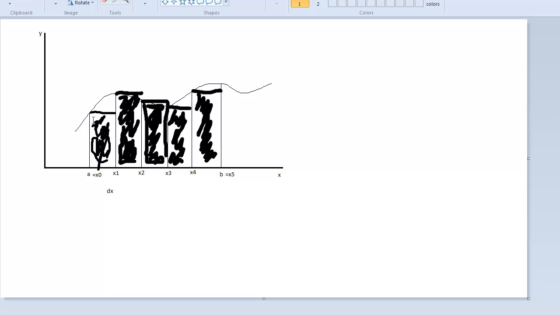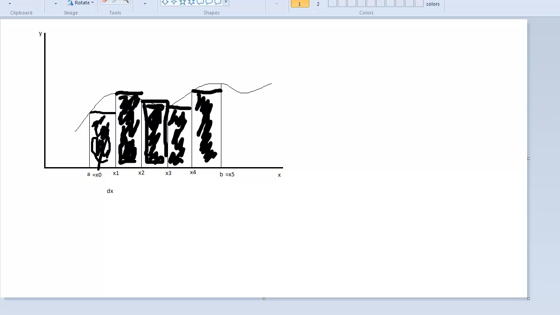The area of the first rectangle would be the value of the function at a times dx. The area of the second rectangle would be the value of the function at x1 times dx, and we sum those all together, and we get the approximation of the integral.